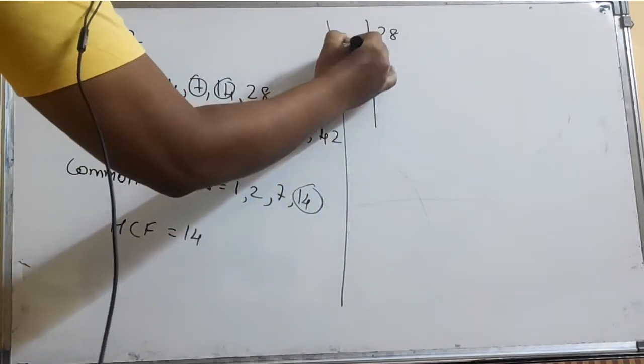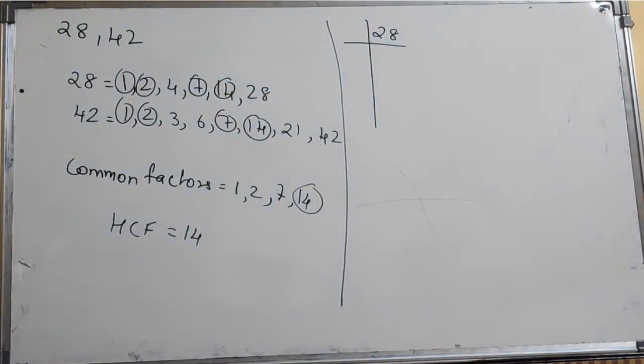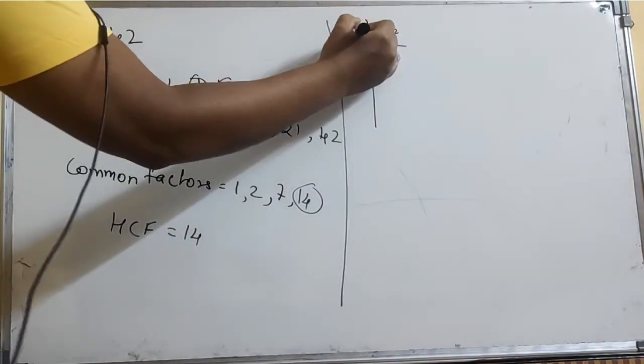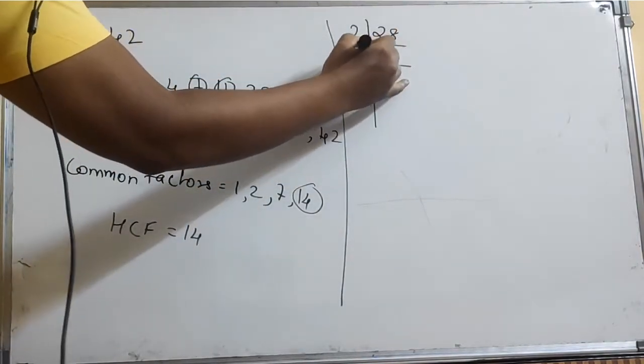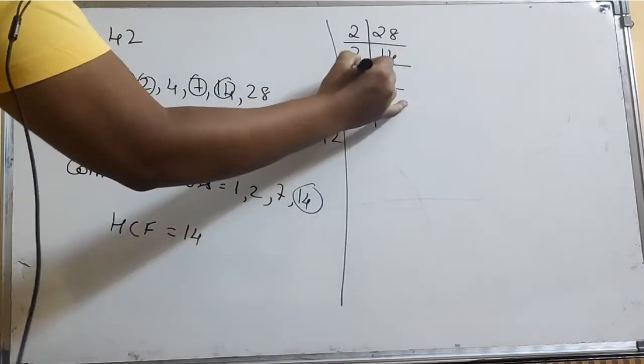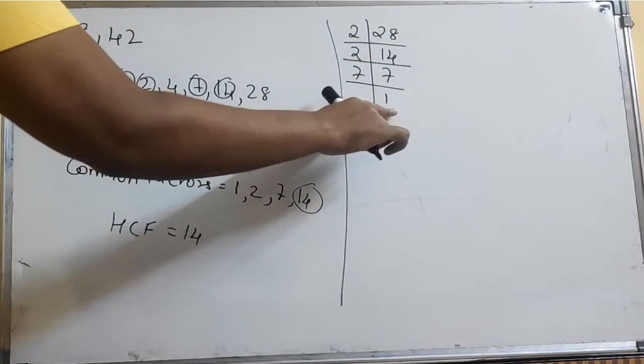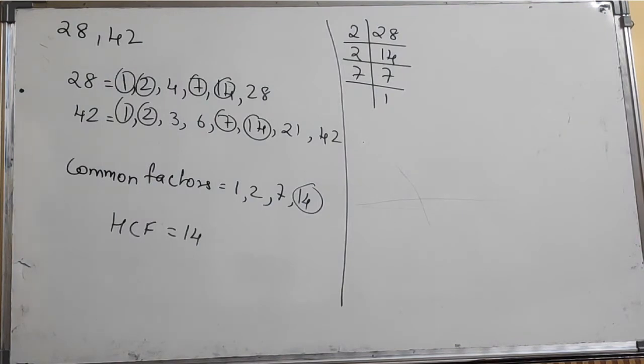I'm going to factorize 28 into its prime factors. I have an understanding that you know how to factorize numbers. So 28 to 14 to 7, 7, 1. Once I've got the number 1, I can stop factorization because that indicates the end of factorization.